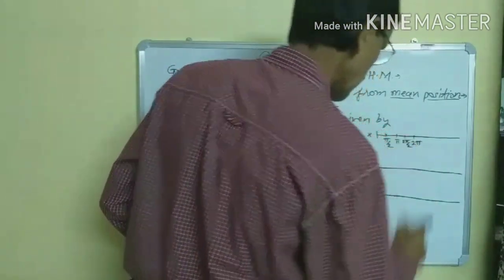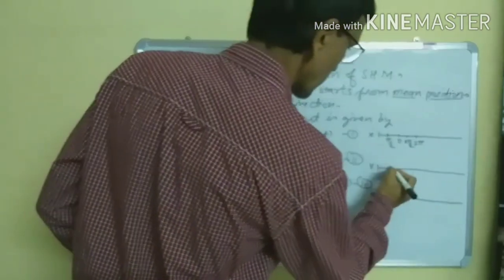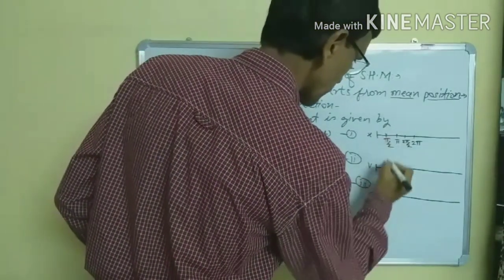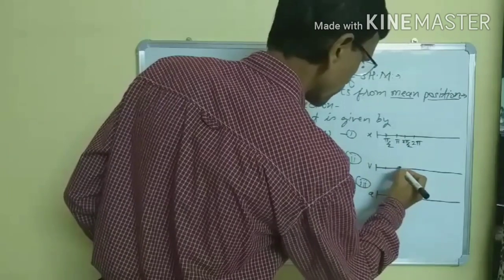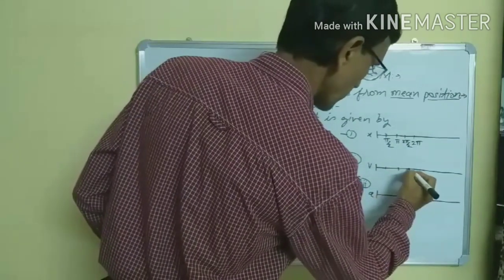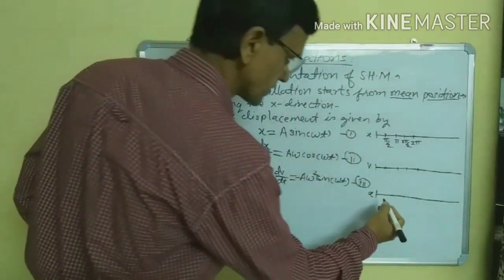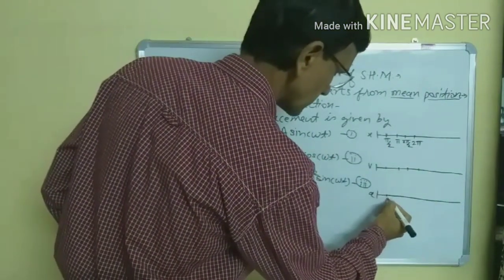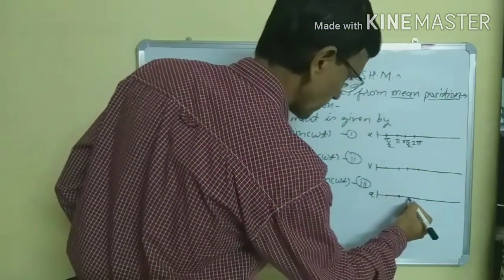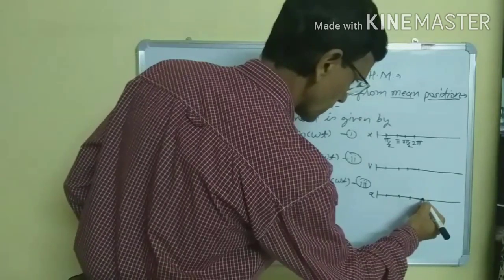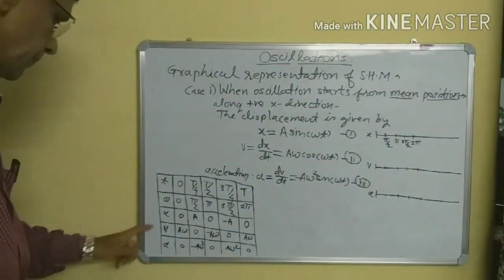Similarly for the other cases here. We are not going to write the values again because we have already written them in the first graph. The same positions are taken for the values of omega t, and we can plot the graph by putting the values.